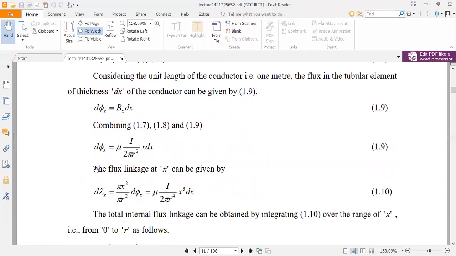The formula of the flux linkage at the x distance can be written here. You can get the formula of the flux linkage from the above formula, from equation number 1.9.